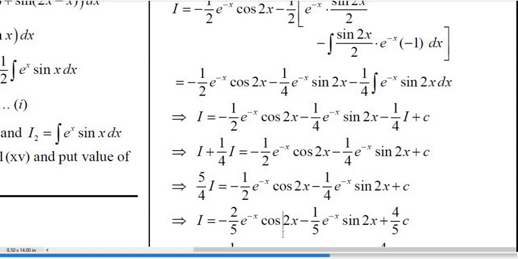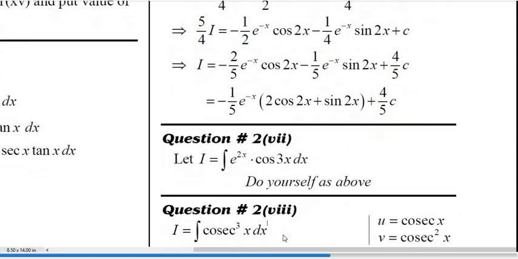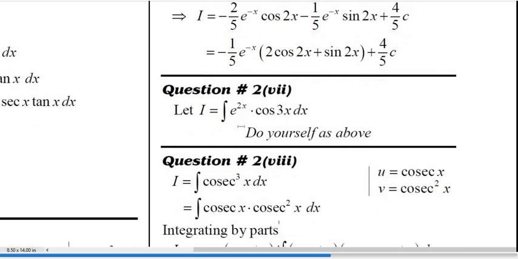Then we get our required solution. Next, part number 7, do it yourself as above, which is the same as the previous part.